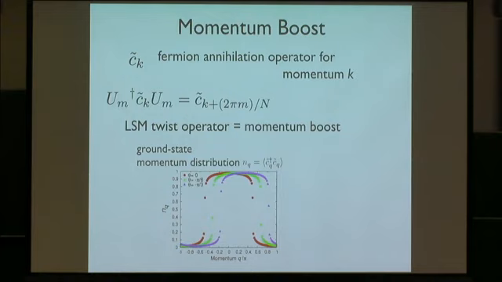So for example, if we draw the momentum distribution function in the ground state, these red dots are the momentum distribution function in the ground state of some XXZ chain. I forgot the interaction parameter. This shouldn't be free fermions, but with some interaction. Sorry, I forgot to write. But anyway, it has some non-trivial shape because of the interaction.